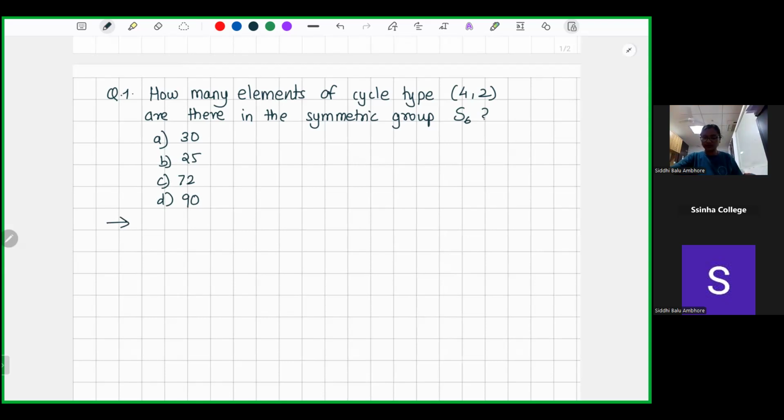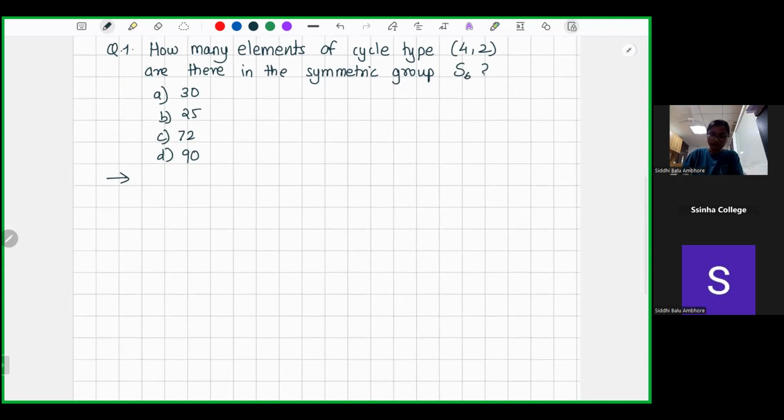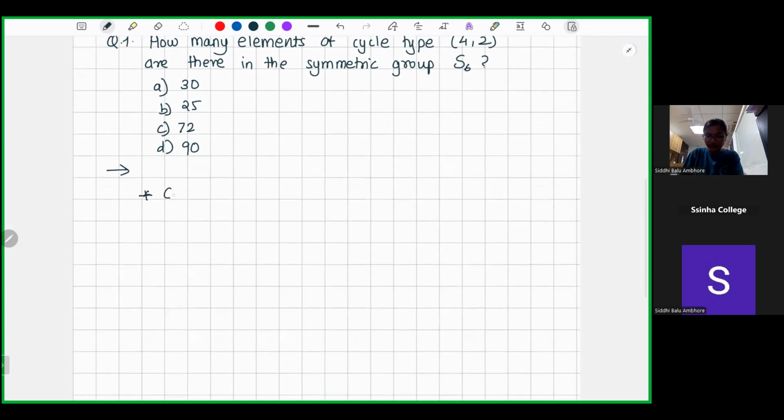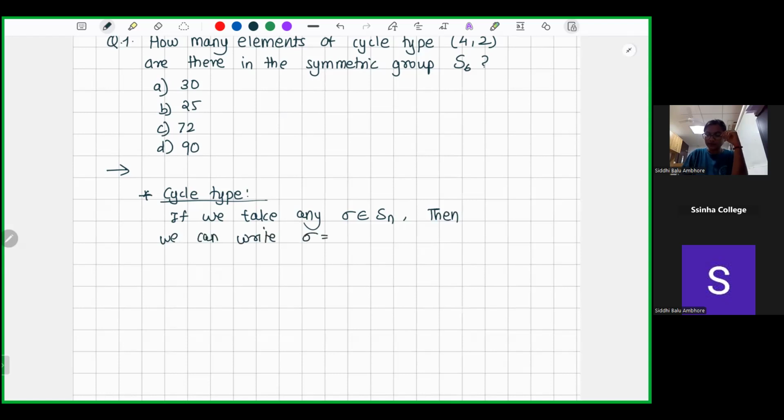Let me just explain what cycle type is. If we take any sigma in Sn, then we can write sigma as a product of disjoint cycles.